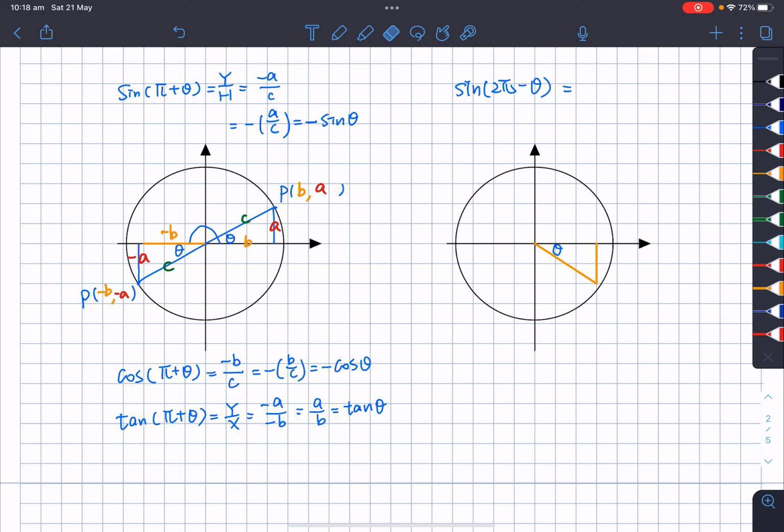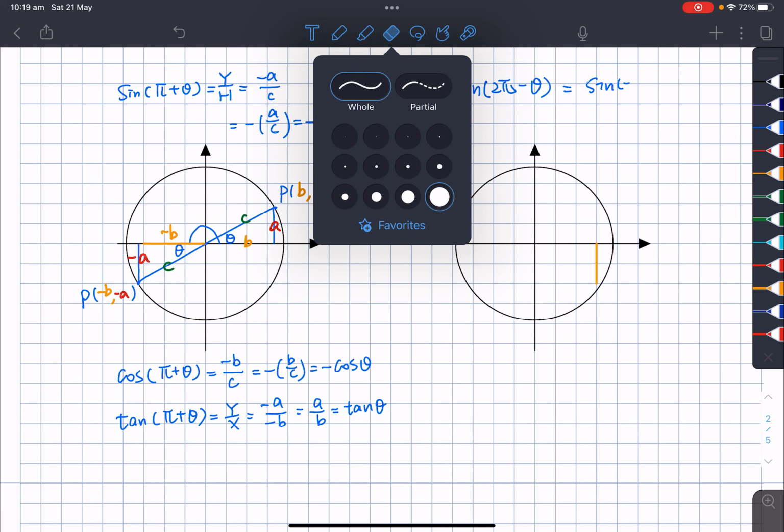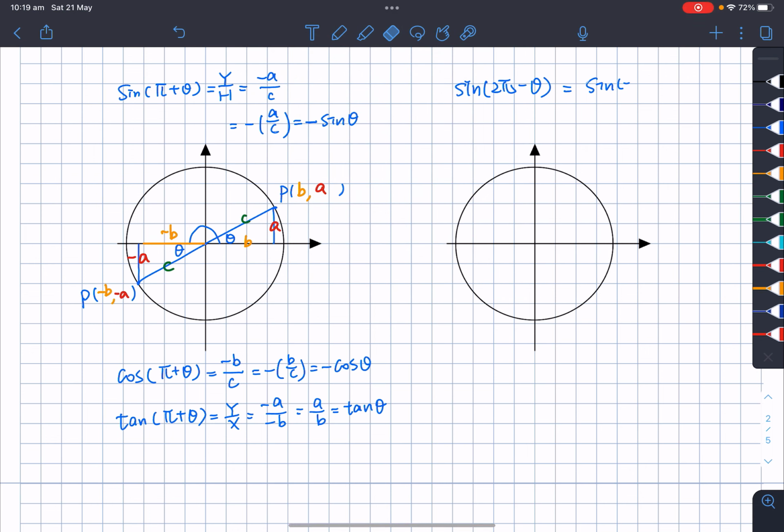Okay, but now I want to convert to first quadrant. So we draw a rectangle too.